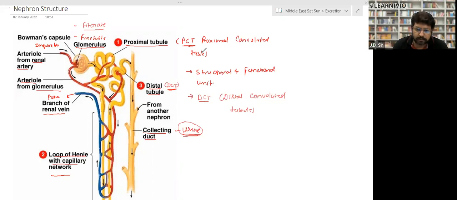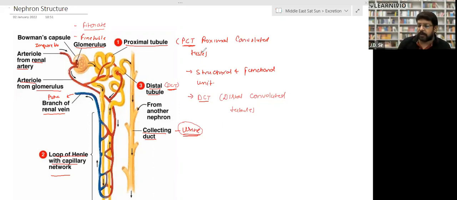Each nephron consists of glomerulus, comma.